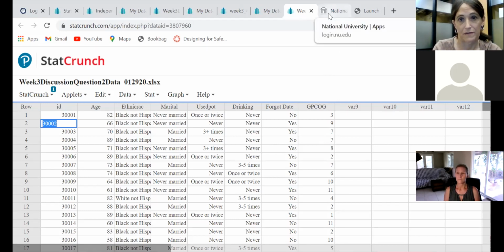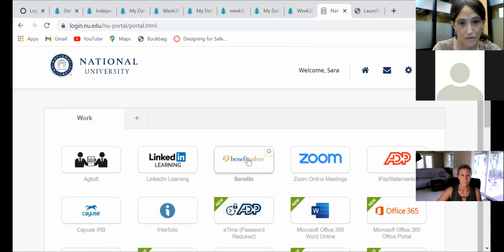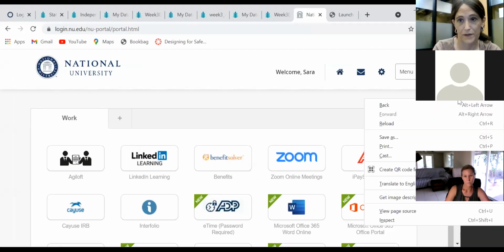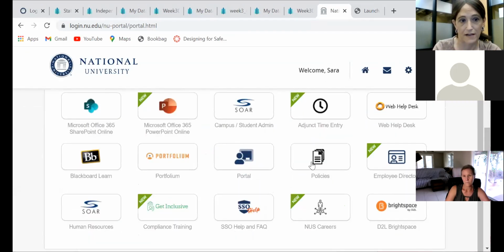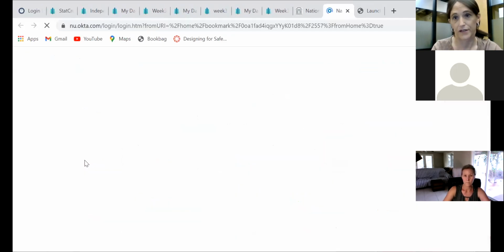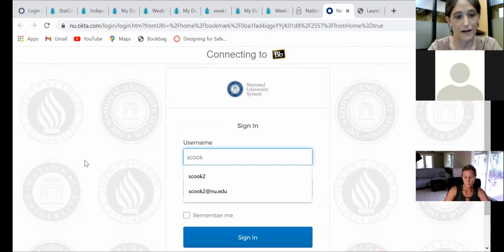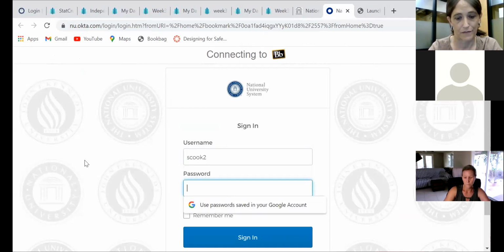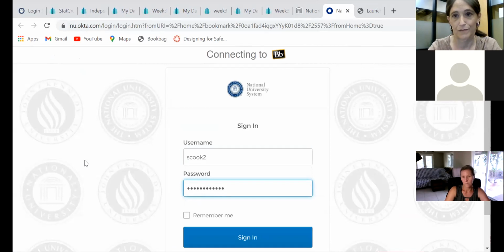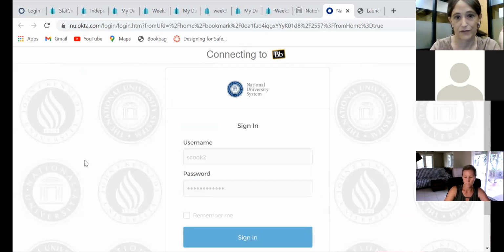I hope this isn't a surprise to y'all, but in the last week, there is an individual project, and this is individual only in the sense that you have to pick which variables you want to do, but that's pretty straightforward.